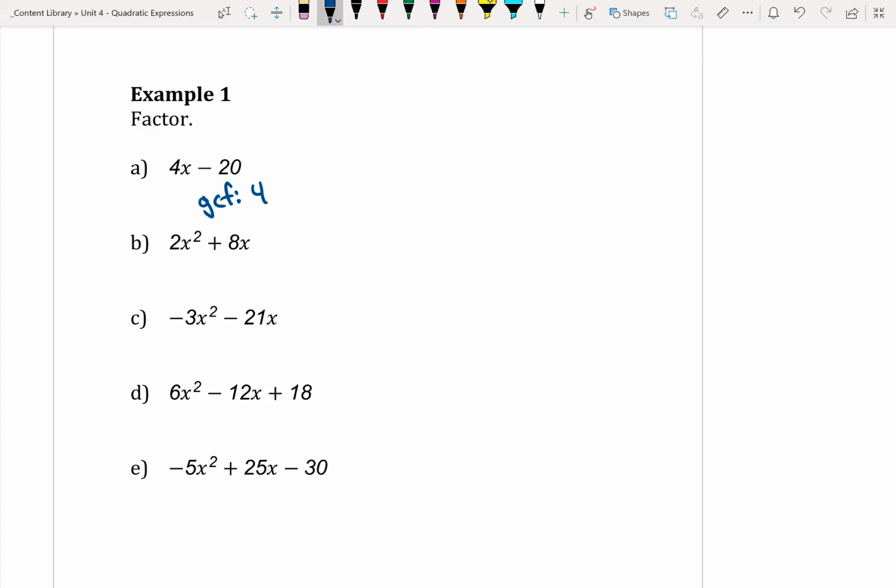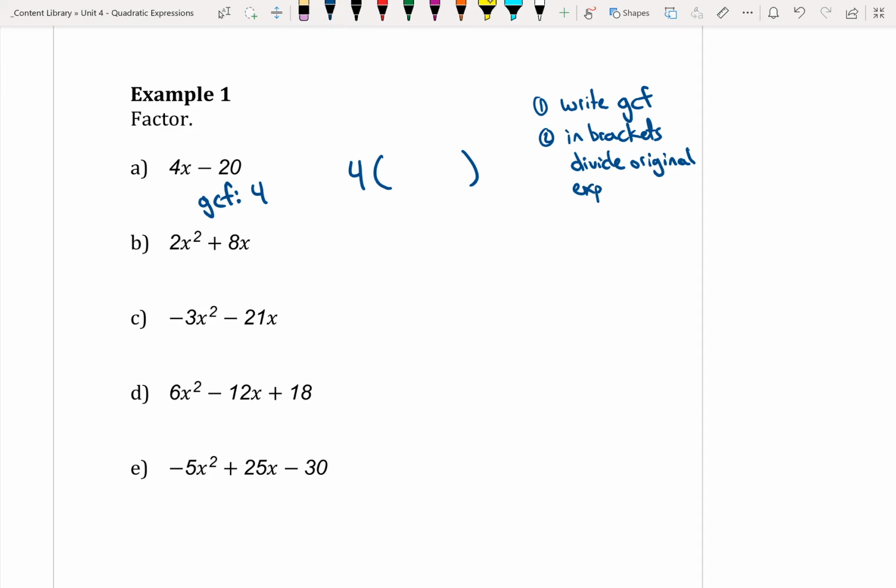So the way it works, the first thing you want to do is write the GCF, your greatest common factor. So I'm going to write my greatest common factor. Then, in brackets, you're going to divide the original expression by the GCF.